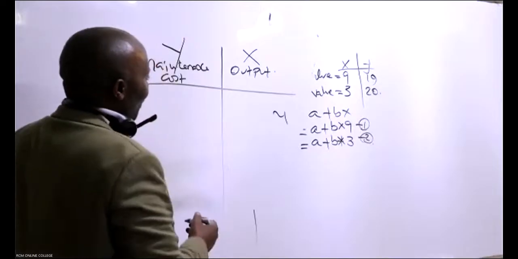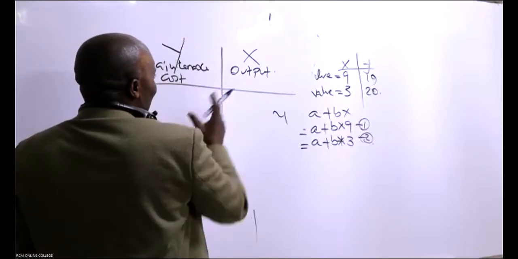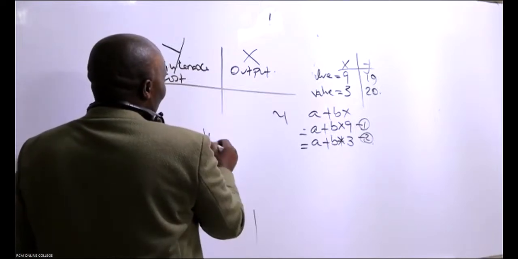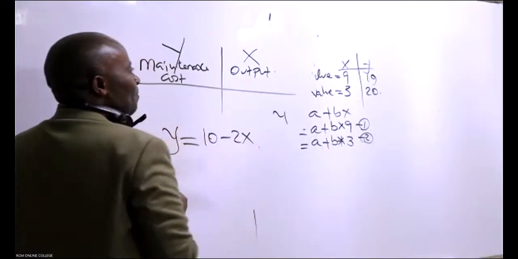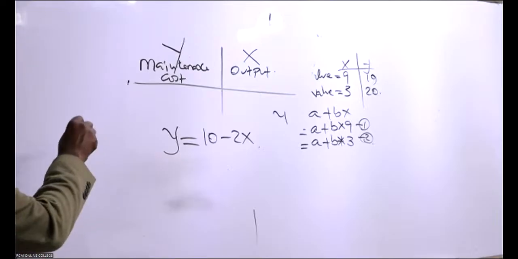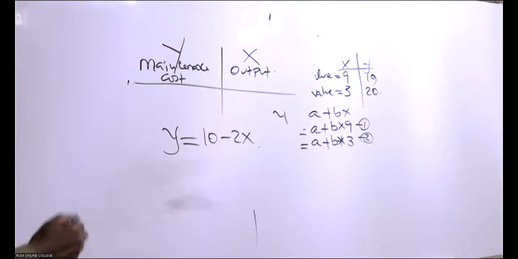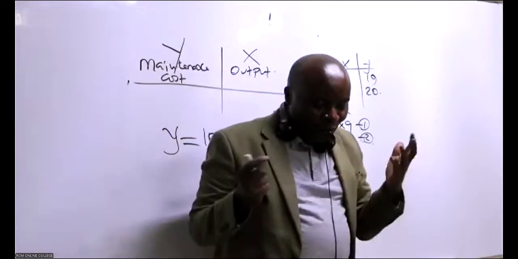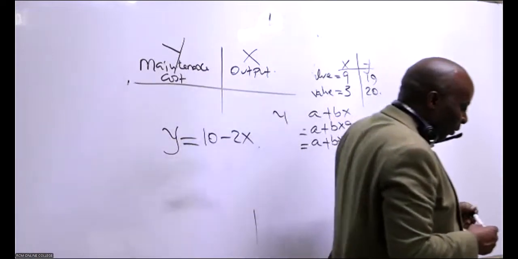Now let me ask you a question. If, for example, they give me this kind of question and tell me to come up with a regression, and I come up with a regression like this: Y equals 10 minus 2x. According to your understanding, will this equation be plausible? Why are you saying no? Give me a reason.